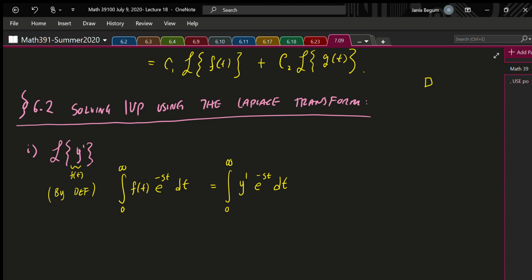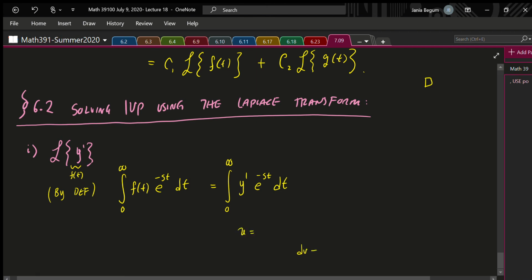Yep, so the way to do this will be using integration by parts. So let's do it. We have to pick a u and we have to pick dv. I'm going to pick u to be the exponential term, and I'm going to pick dv to be y prime. And then we have to fill in the rest. What is du and what is v?